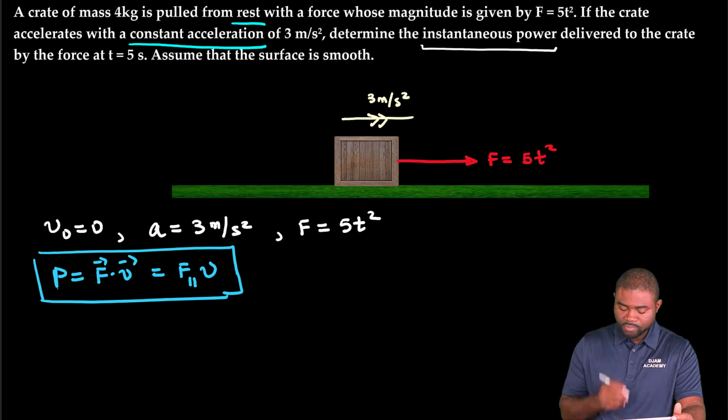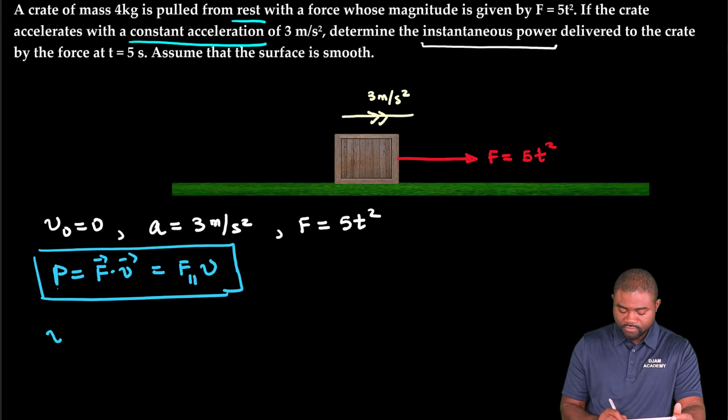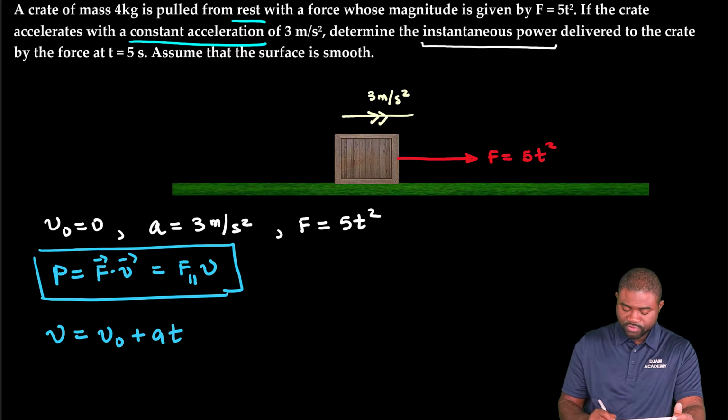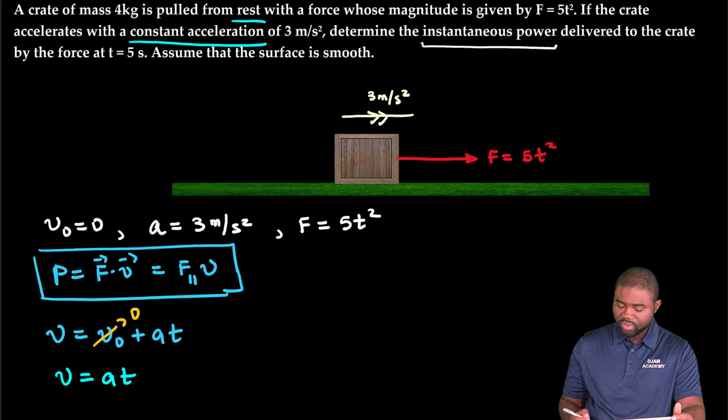But what do we know? We know that v is equal to v naught plus at. The initial velocity is 0. If the initial velocity is 0, this would mean that v is equal to a multiplied by t.